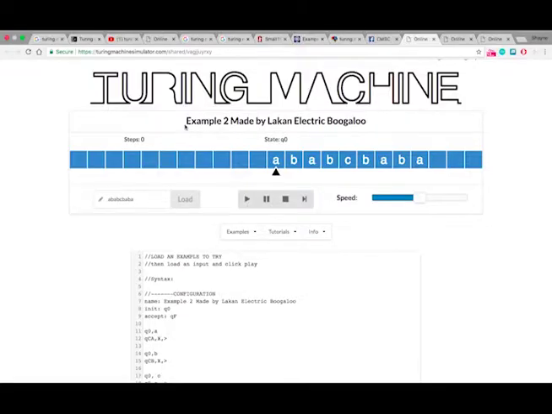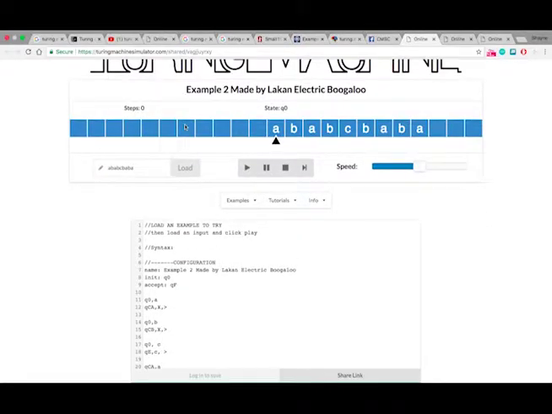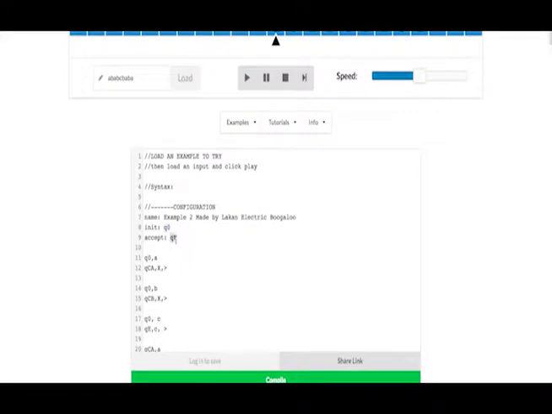So this is the Turing machine for our number 2. It's just supposed to be a modification of example number 4 from the slides, but let's try and explain it anyway. The starting state is Q0, and the accepting state is QF. Actually, we should explain what it's supposed to do.